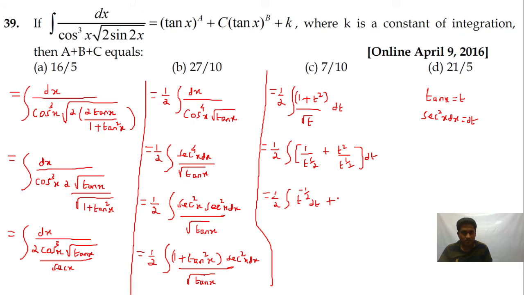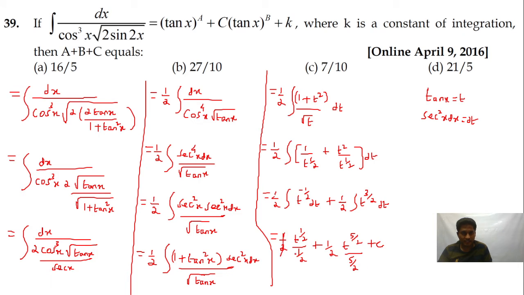Again plus 1 upon 2, I take this to the numerator, you get t to the power of 3 by 2, since 2 minus half is 3 by 2, and then dt. So this is equal to half of integration of t power minus half, which is t power plus half divided by half, plus 1 upon 2 t to the power of 5 by 2 upon 5 by 2, and then plus c.